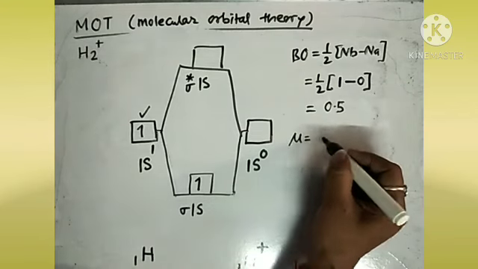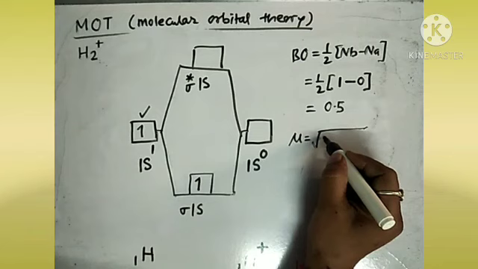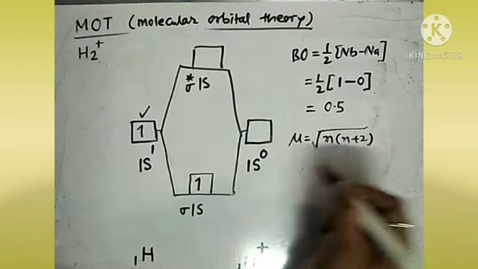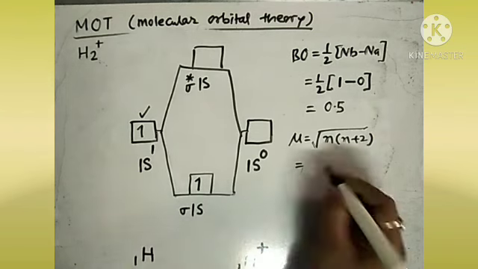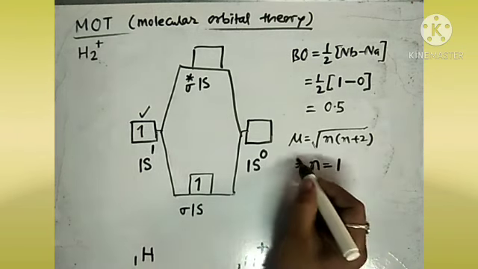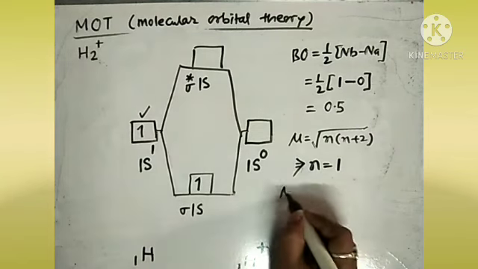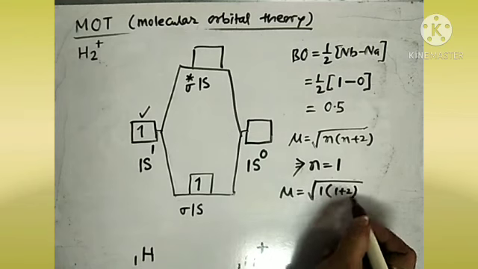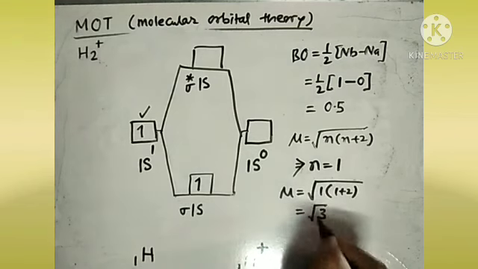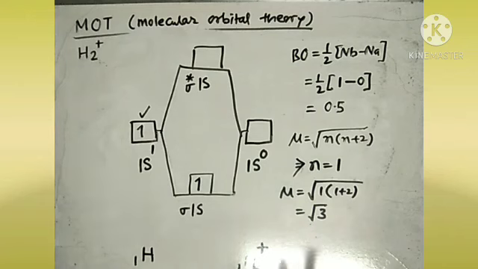Well, let's see the magnetic property. So mu will be equal to root of n into n plus 2. Here the n value comes 1, because we have one unpaired electron in the sigma 1s. So mu equals root of 1 into 1 plus 2, that comes root 3. So the root value comes 1.7 or something.